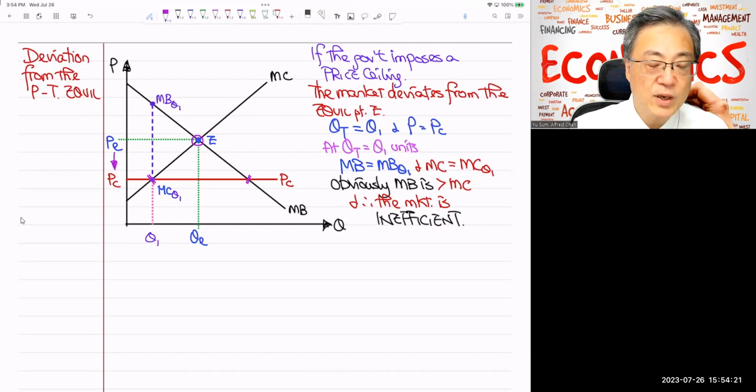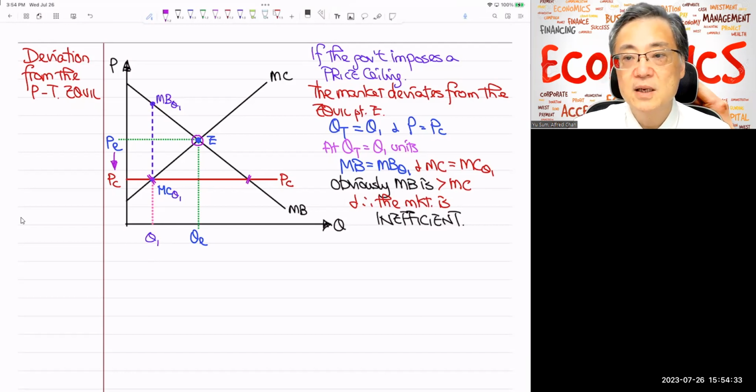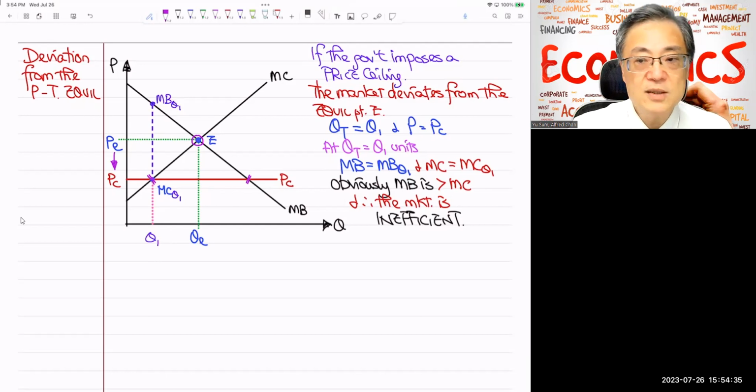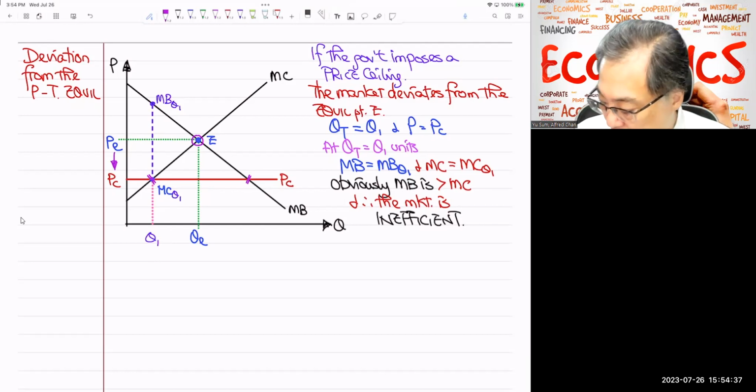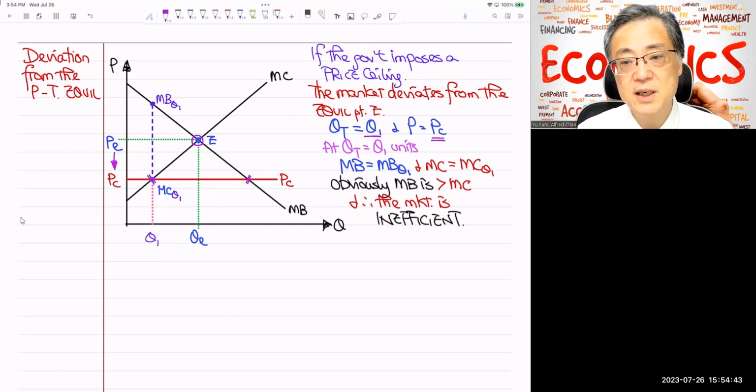So the output level is only at Q1. Only Q1 units are being sold in the market. Now, is this market efficient? Definitely not. And how do I explain this? Quantity transacted is now Q1, and price is definitely PC because the government sets the price there.